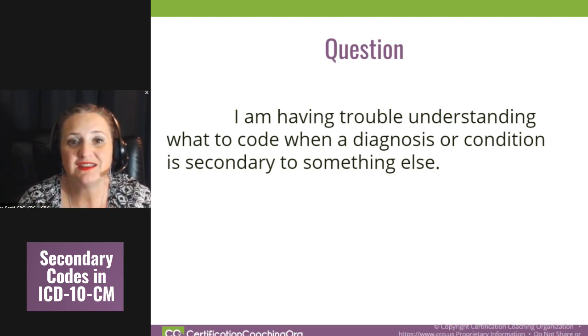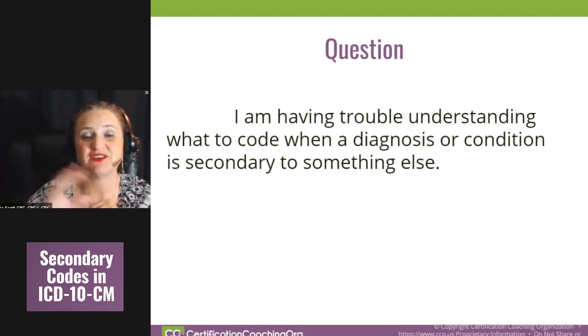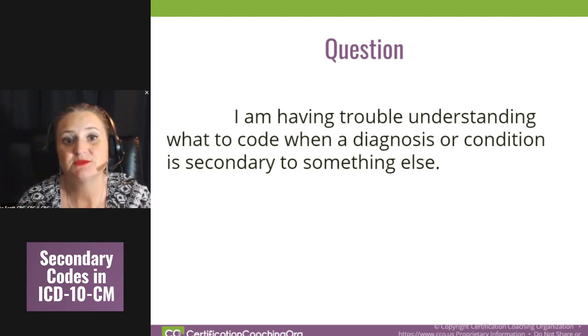So secondary, in the aspect that she was needing, was a condition that causes another condition. Okay, so think of it more in terms of disease process, and I've got a few examples to think this through, versus something that is a secondary diagnosis, meaning I have one diagnosis and I also have a second diagnosis.